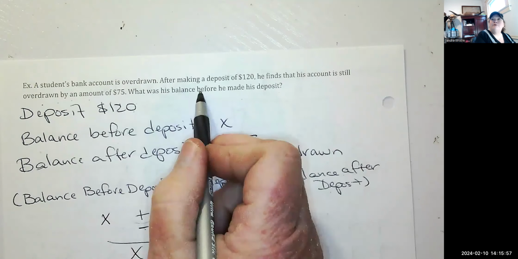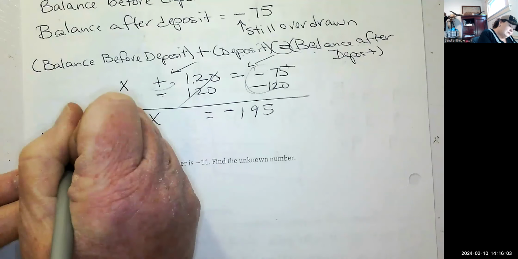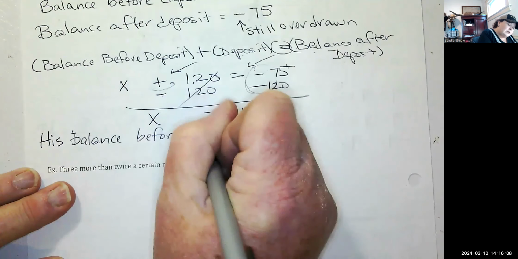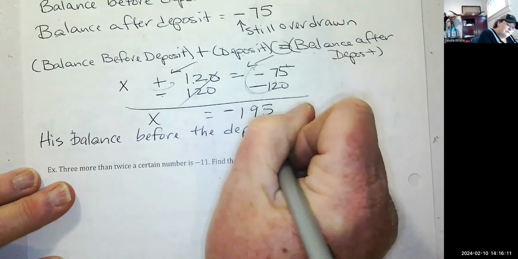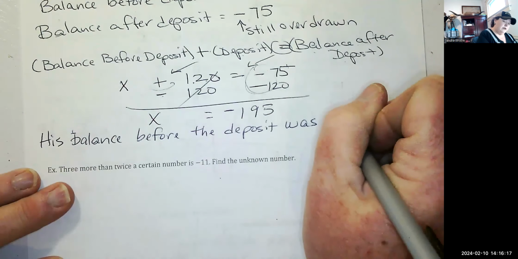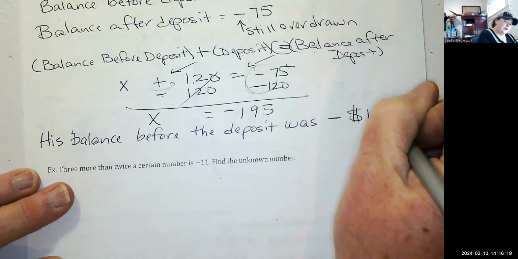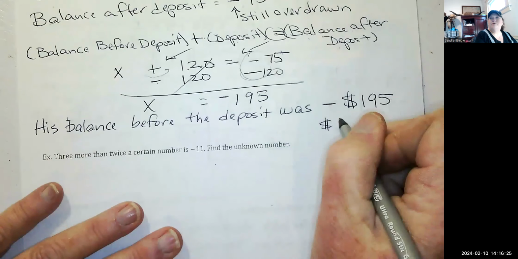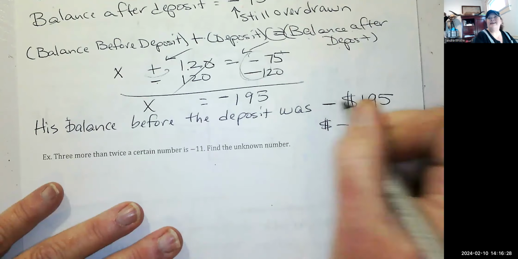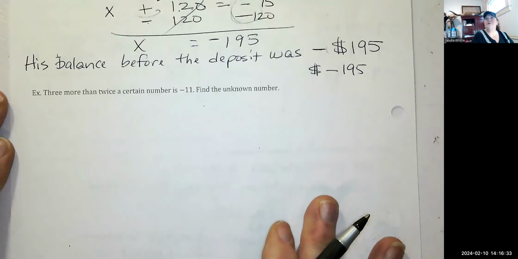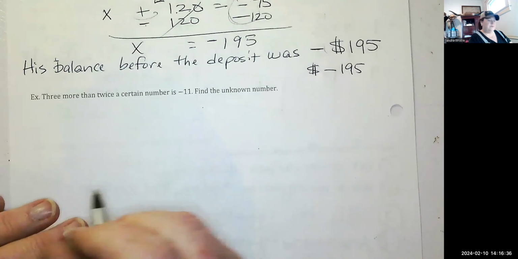His balance before he made his deposit was negative $195. You could write also negative 195. I like negative $195. Please don't put the dollar sign behind it. That's not what we do in America. I'm not sure where that even started.